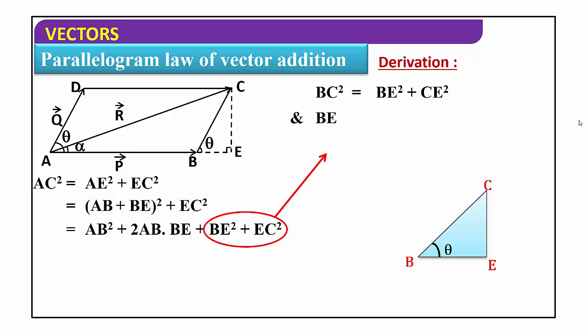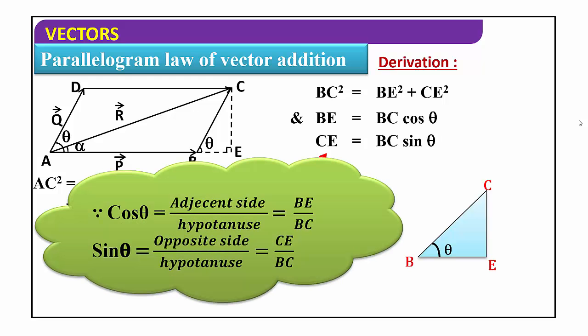Or we can use the side BE equal to BC cos theta and CE equal to BC sin theta. You can observe because cos theta is adjacent side by hypotenuse, so we can write BE divided by BC. Similarly, CE equal to BC sin theta. Here sin theta equal to opposite side divided by hypotenuse. So we can write CE divided by BC from this triangle.